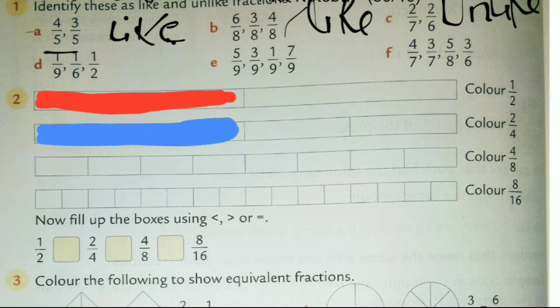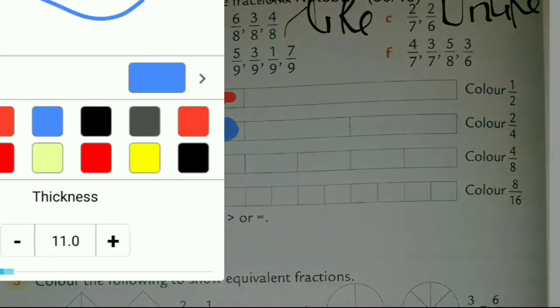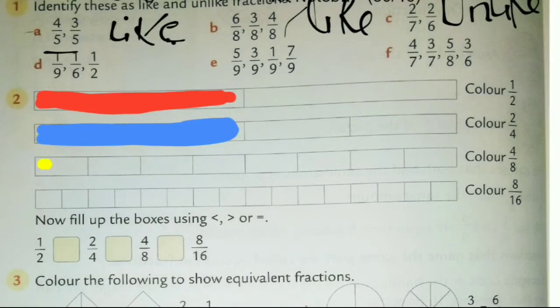In this one we will color 4 by 8. In this one color 8 by 16.